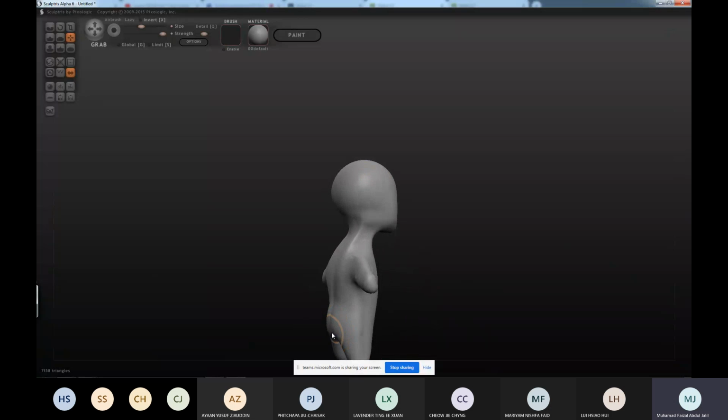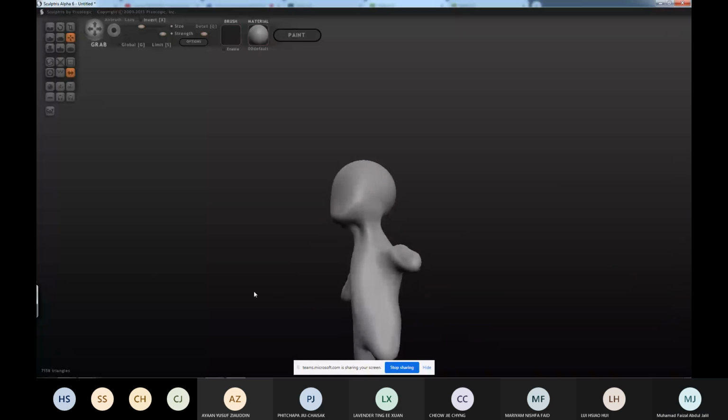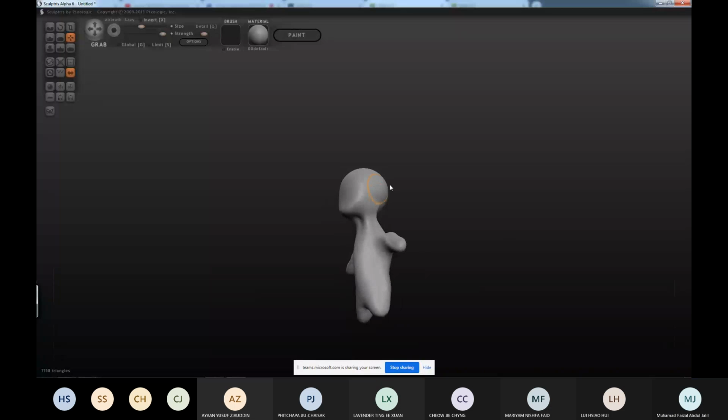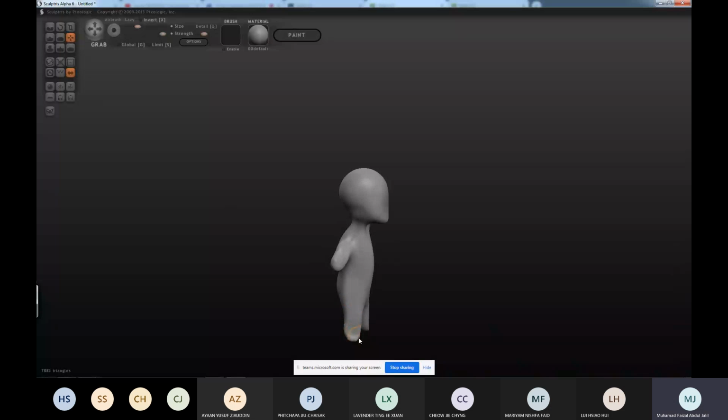I try to create a bit more like chibi characters. You know chibi characters, right? Not kawaii directly, but very little characters first.